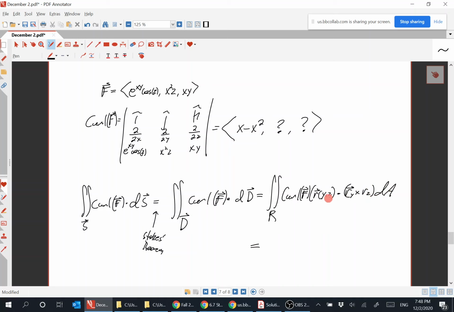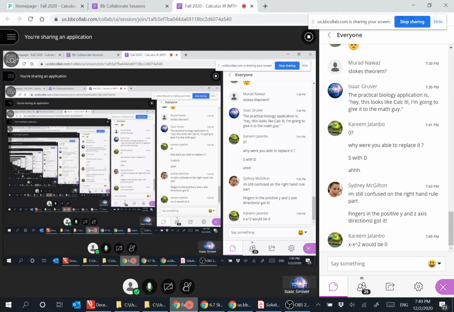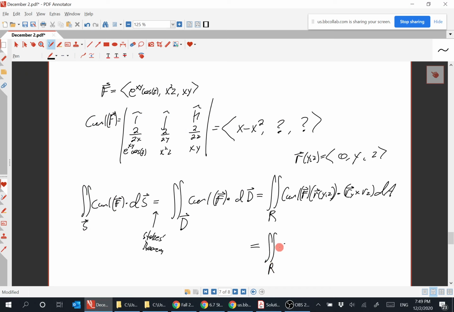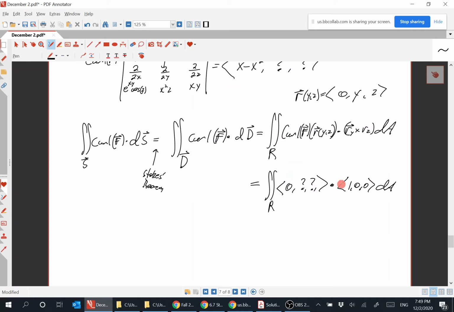But what's the curl of f over r(y, z)? Remember, r(y, z) was: y is y, z is z, and x was 0. So the x minus x squared is 0, other coordinates I don't care. So it's the double integral over R of (0, don't care), dot this, but this was (1, 0, 0), dA. This dot product is just 0.